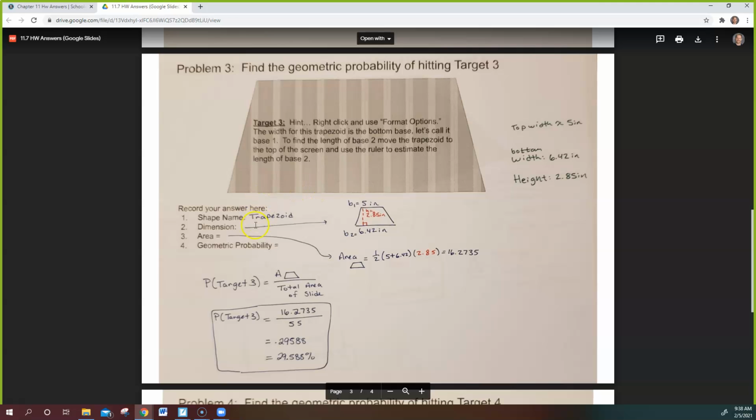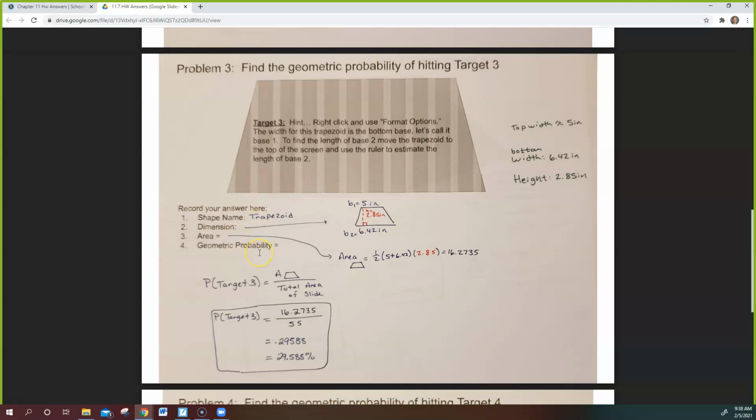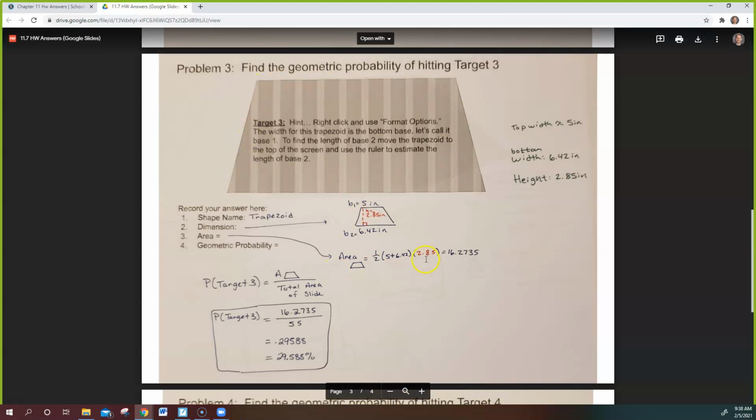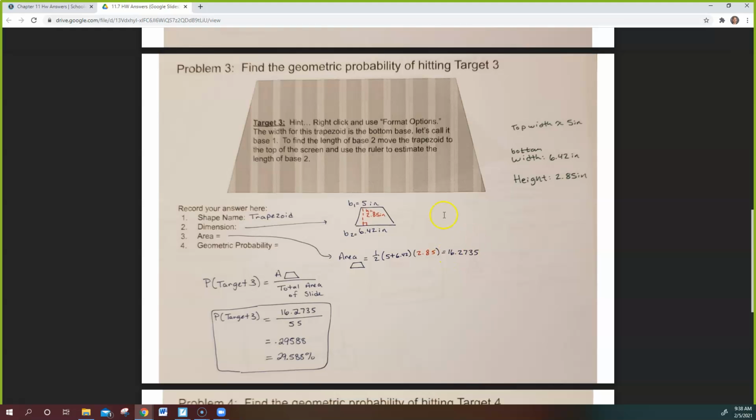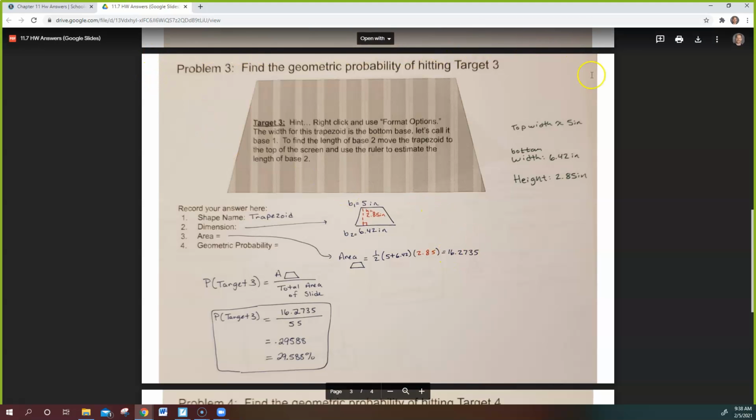Well, what is geometric probability? It's the area of what we want, which is the area of the trapezoid. So that's the work that I found right here in step 3. So it's that answer over the area of the entire shape, or the area of the entire slide. Well, that was a 10 by 5.5 inches, and that area was 55.